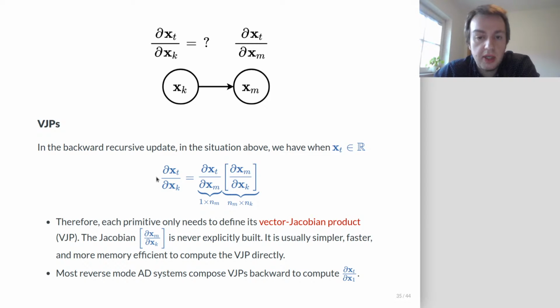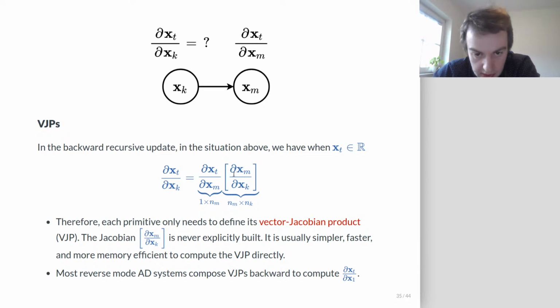In the recursive update, what we said is that we would compute this Jacobian as the product of the Jacobian of xt with respect to xm, the thing that we know from before, times the Jacobian which is computed on the fly from the primitive fm associated to this variable xm.